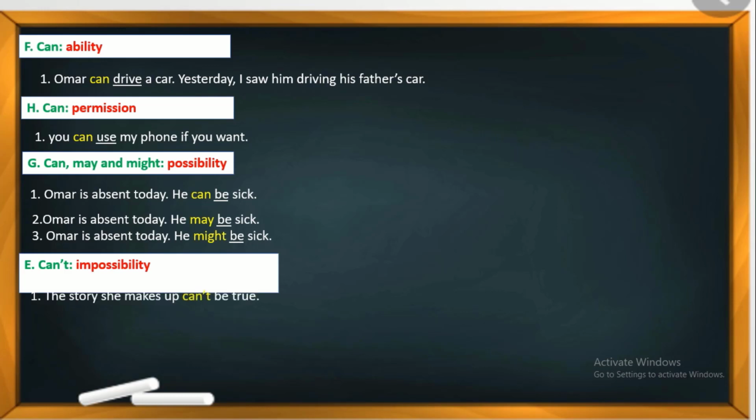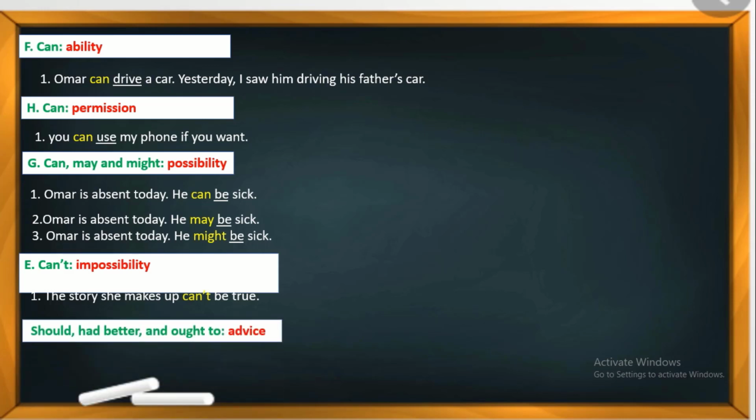For example, the story she makes up can't be true. The story she makes up can't be true. So this story is impossible. We can't believe it. Okay?